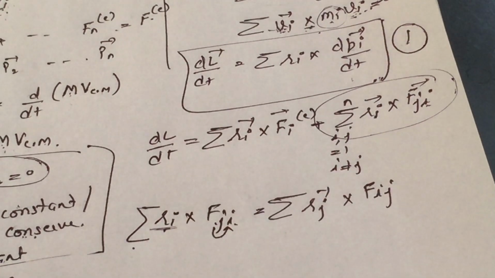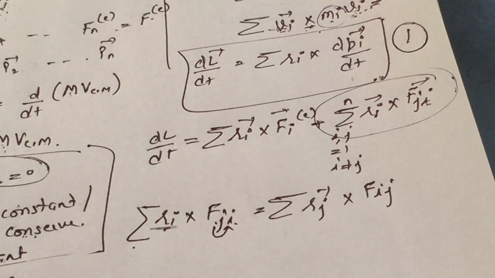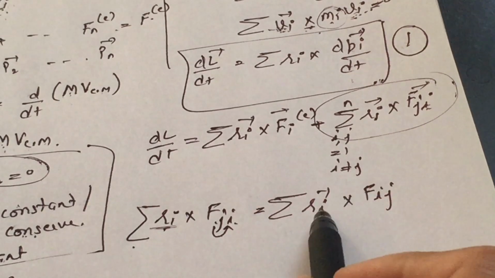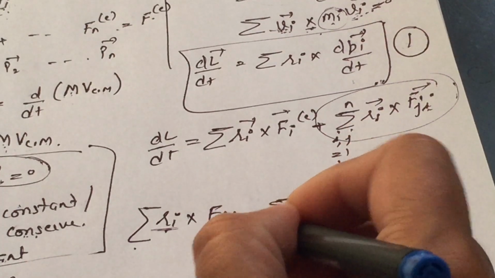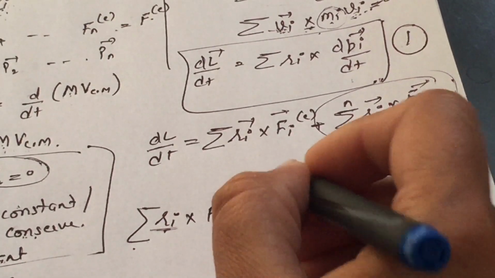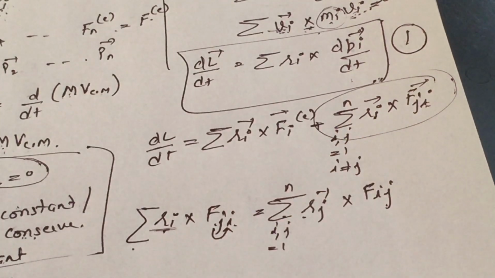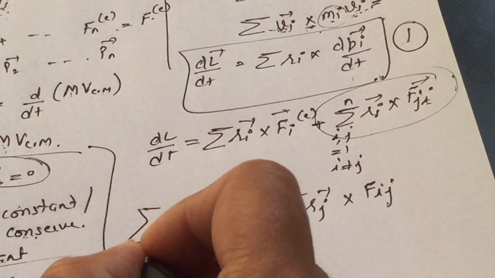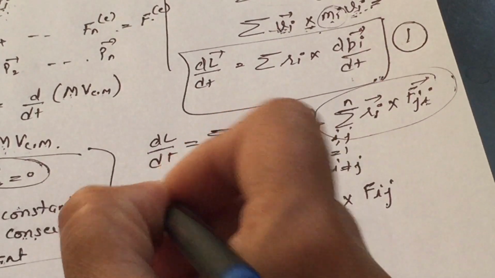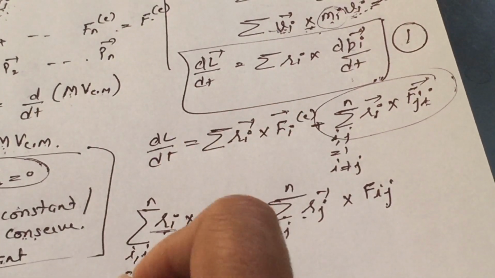Then if we write rj cross fij, these two terms are representing the same factors. We just put all the values of i and j here from 1 to n, with the condition that i is not equal to j, and here also i from 1 to n with the condition that i is not equal to j.